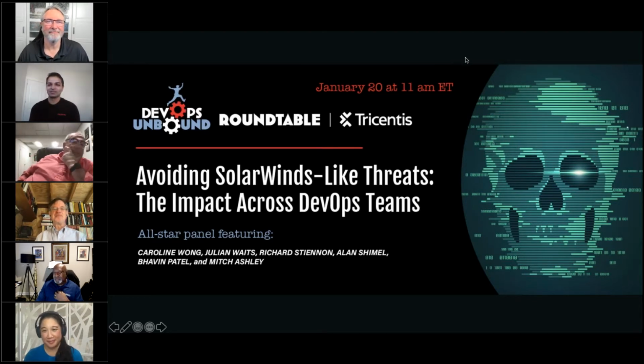So let's jump into things, right? Avoiding SolarWinds-like threats. Well, we can't avoid SolarWinds-like threats until we understand the nature of the beast we were talking about. And I want to say from the outset, and I think I speak for all of our panel members, that blaming SolarWinds for this is kind of ludicrous, right?